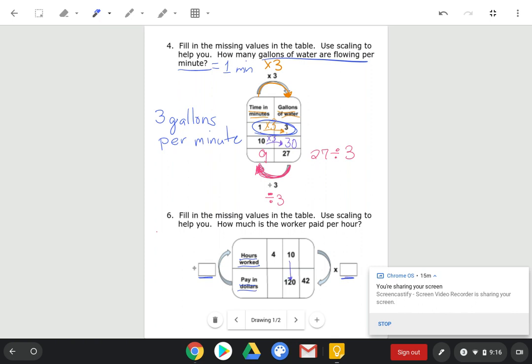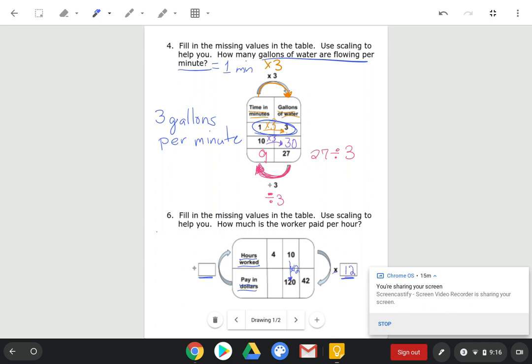They worked 10 hours and they got paid $120. What is the multiplicative relationship between that 10 and 120? Hopefully you know that 10 times 12 is 120. So over here, we are multiplying by 12.